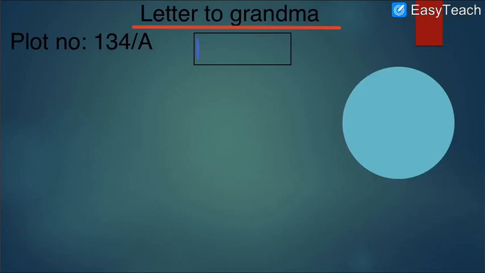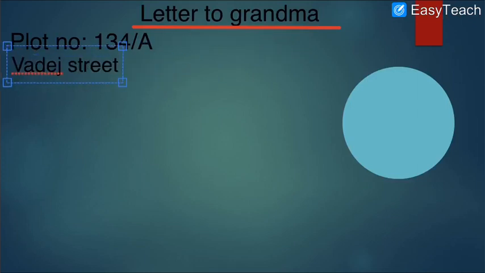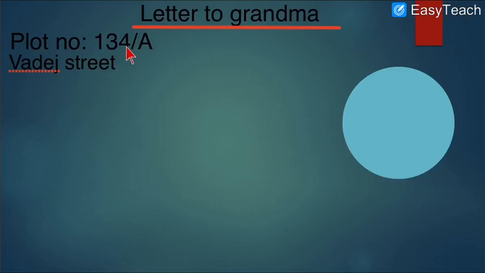So the street is Wadage Street. This is just the street in which my uncle's house is. So I will just imagine that my grandma is living in Ahmedabad in my uncle's house. So I will write that address obviously. So plot number 134A, then the street.